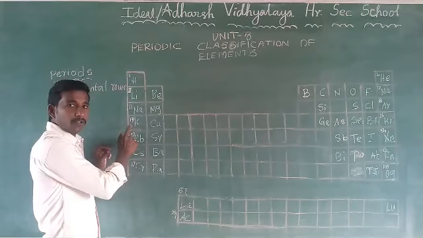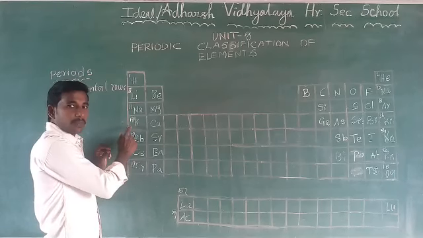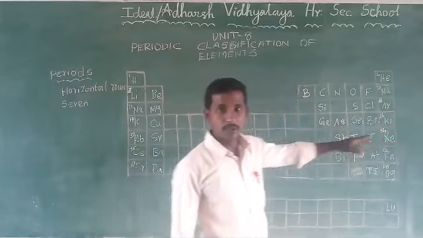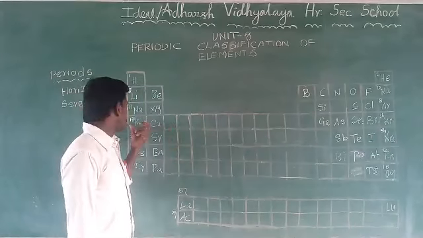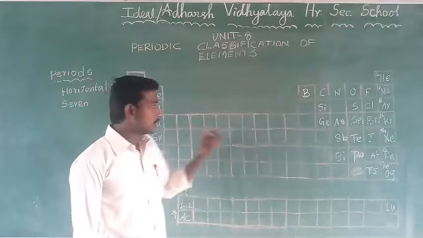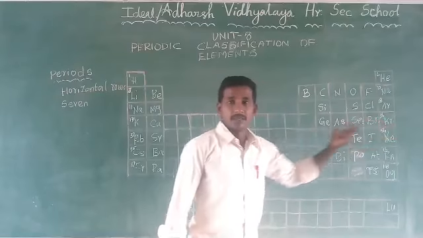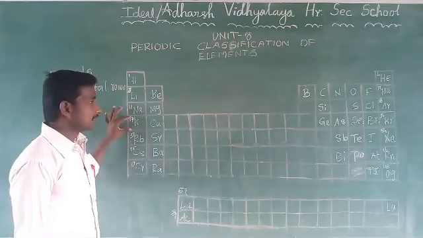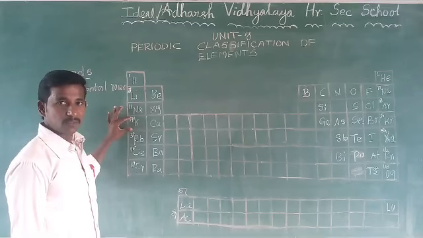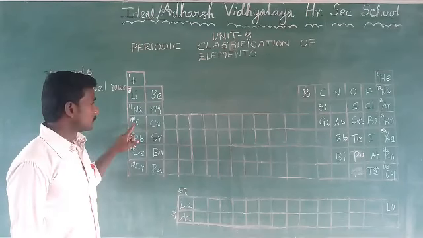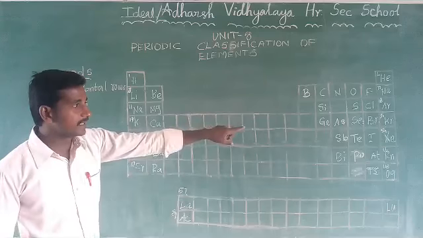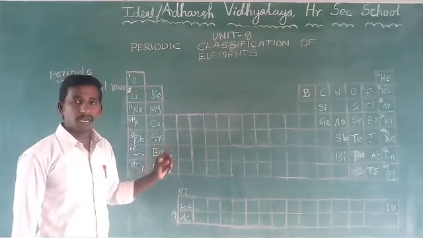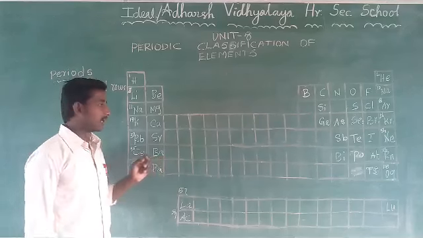Next, the fourth period, from atomic number 19 to 36. It contains 18 elements. That includes 8 normal elements and 10 transition elements.